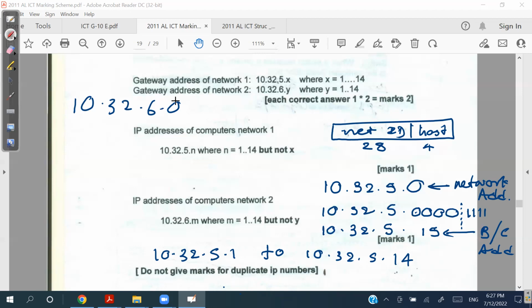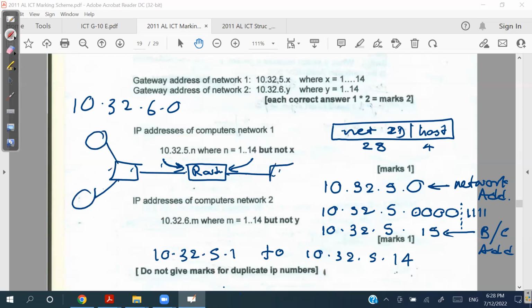Then for the router, these ends should have IP addresses from the networks on both sides, and the devices should have IP addresses too, right?